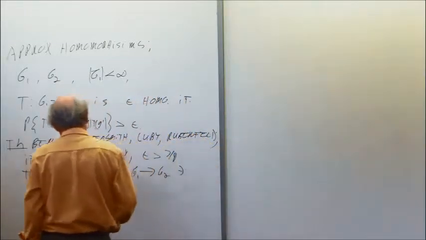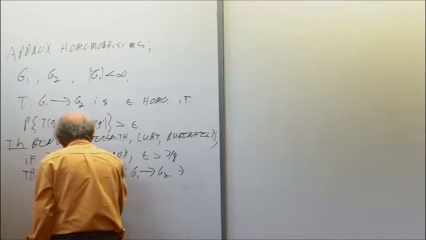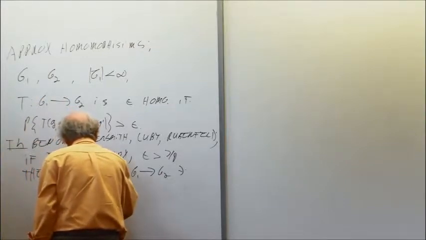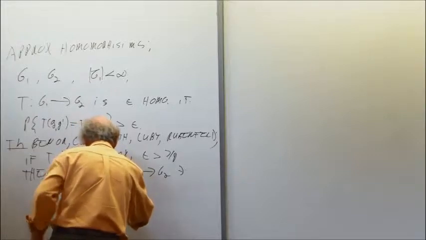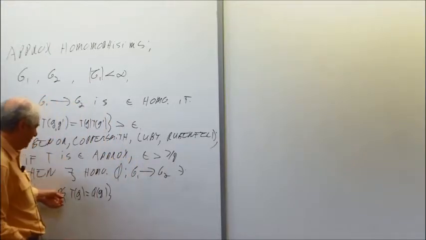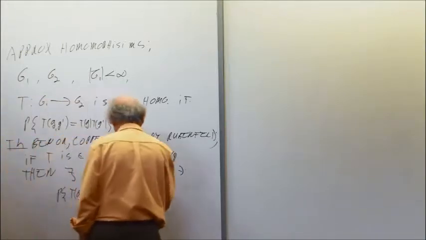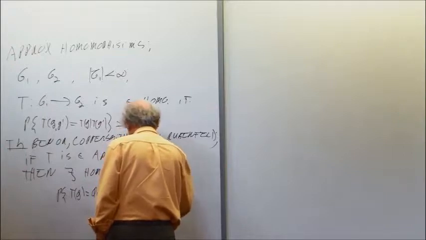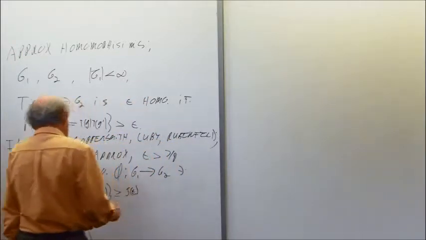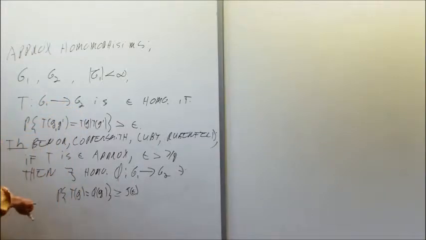such that the probability that they agree, T of G equals phi of G, that is the proportion of elements in G1 such that these agree, is bigger than or equal to some tau of epsilon, where tau of epsilon is an explicit function. Can people see what I write down there? Yes.